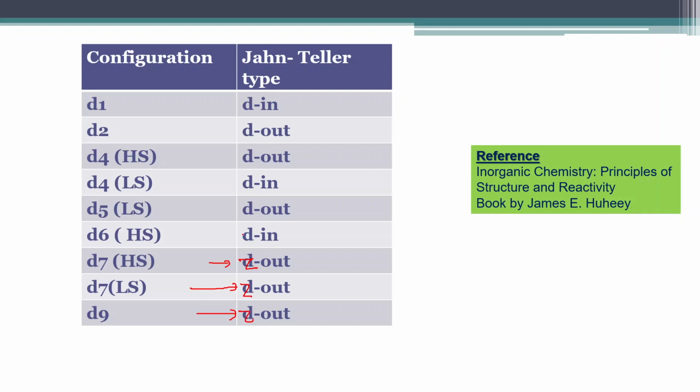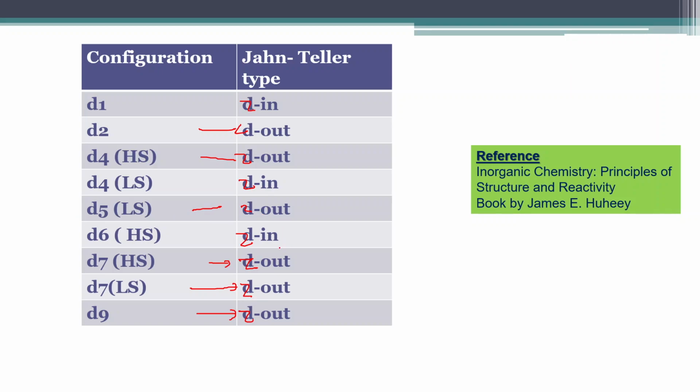Then d1 has Z in, d2 has Z out, high spin d4 has Z out, and low spin d5 has Z out distortion.